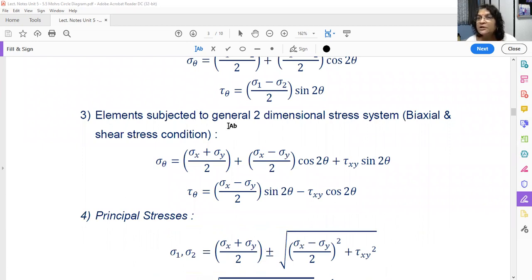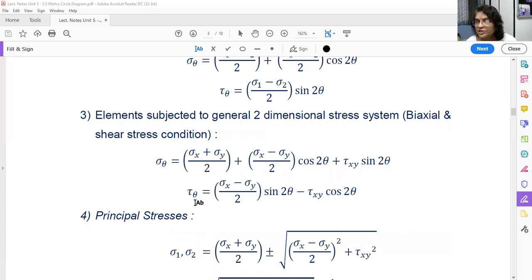And this was the third case, which is very, very important: the general two-dimensional stress system. That means biaxial stresses are there along with the shear stress. You have to learn these formulae by heart; the first two are special cases of this one. Sigma theta, or sigma n, is equal to (sigma x plus sigma y) by 2, plus (sigma x minus sigma y) by 2 into cos 2 theta, plus tau xy sine 2 theta.